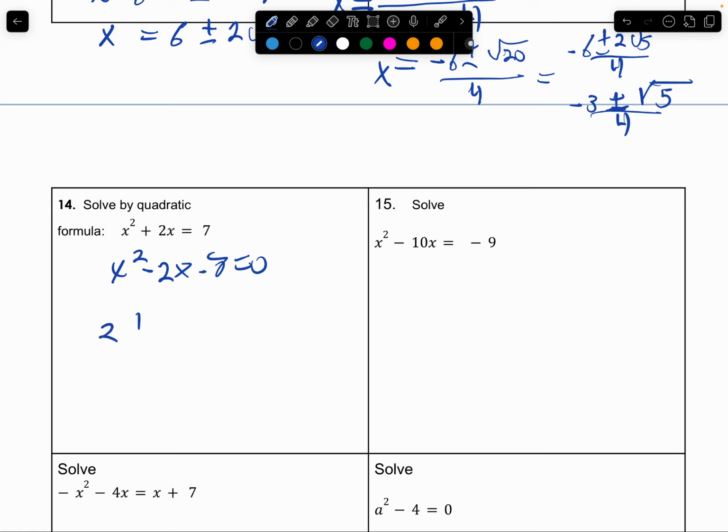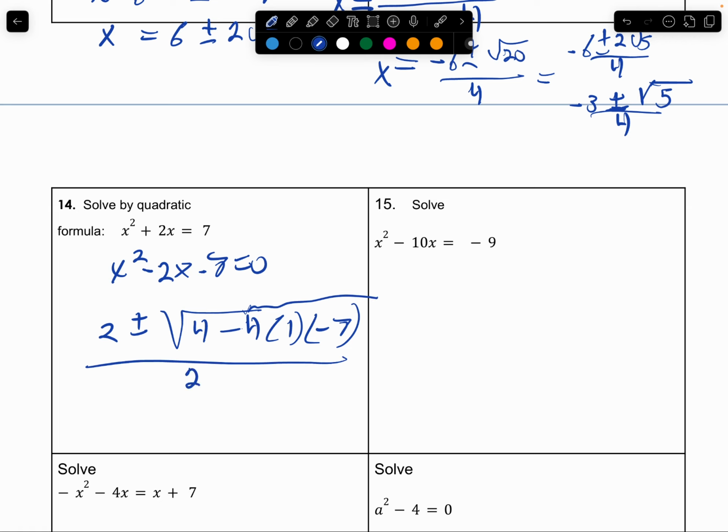Minus b plus or minus the square root of b squared minus 4 times a times c, all over 2a. That's my x. So what's the discriminant here, by the way? 4 plus 28. So the square root of 32 is what that really is under there.